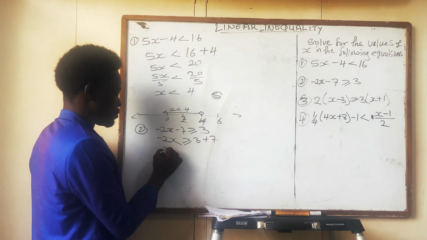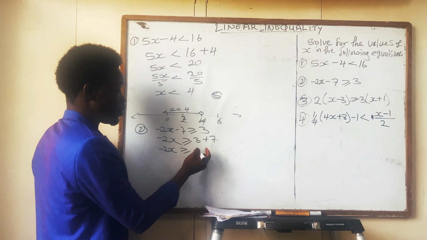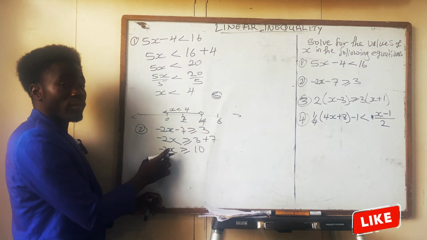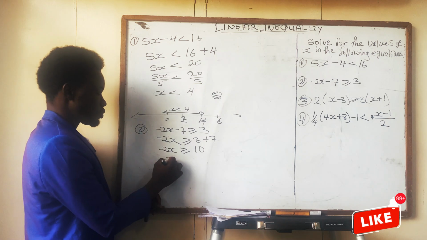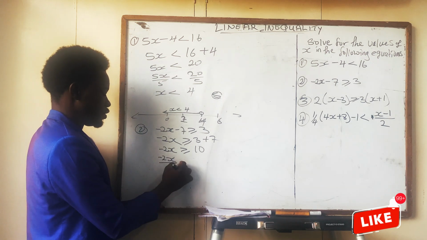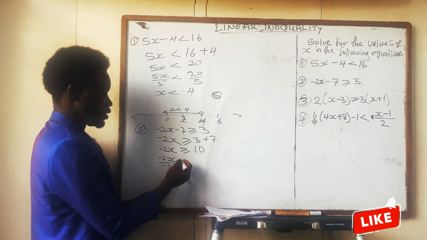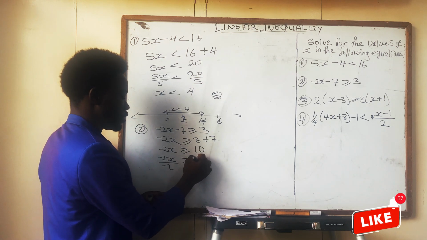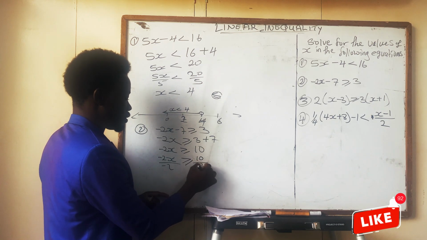So I have minus 2x is greater than or equal to 10. I'm looking for x, so therefore I divide through by negative 2. So I have negative 2 dividing that, which is greater than or equal to 10 dividing by negative 2.